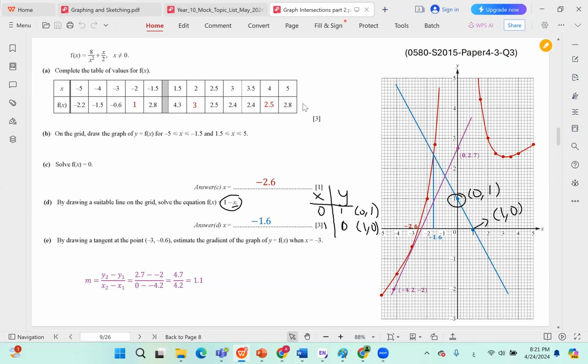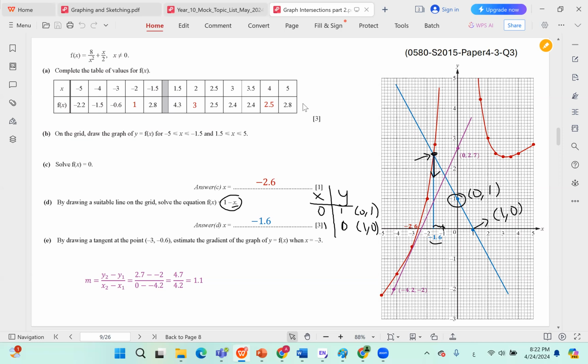This blue line cuts the red curve at a certain point, which is this point here. So we try to find the x value of this point, and we get -1.6 again. -1 is here, and we move 1, 2, 3 steps. So it's -1.6. So therefore, the x value here is -1.6.